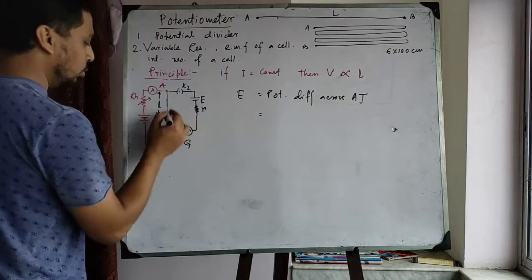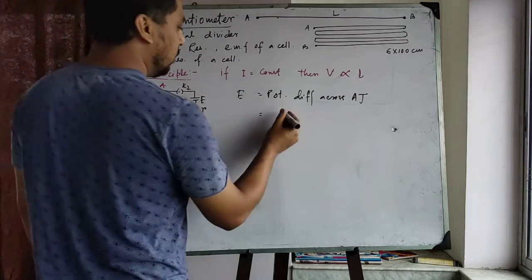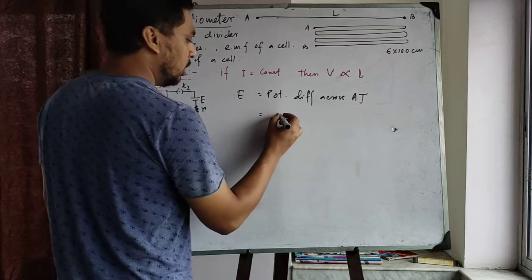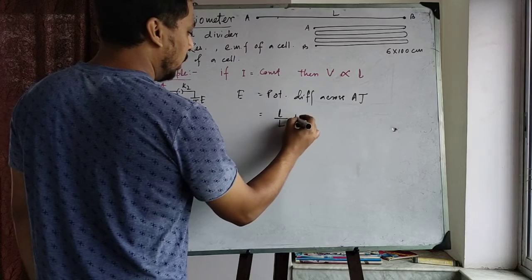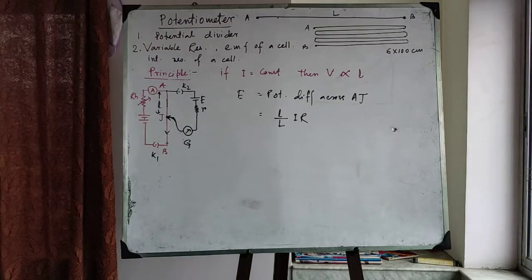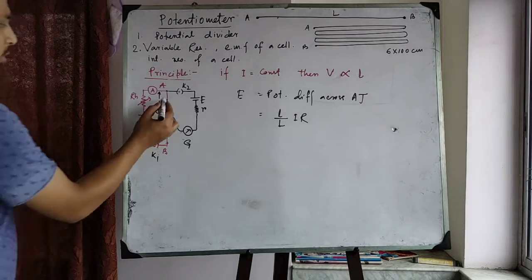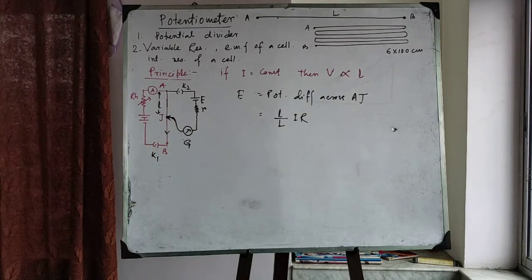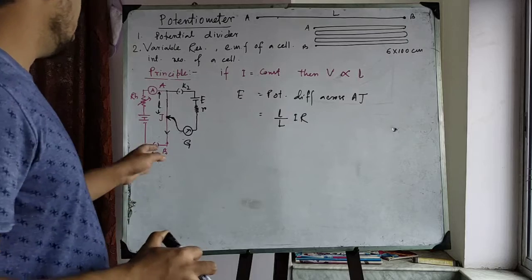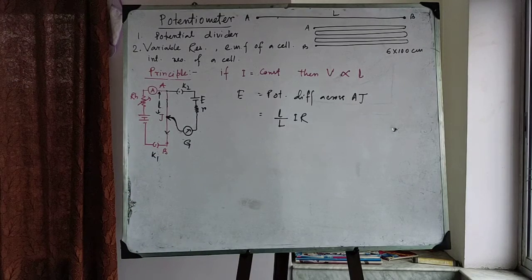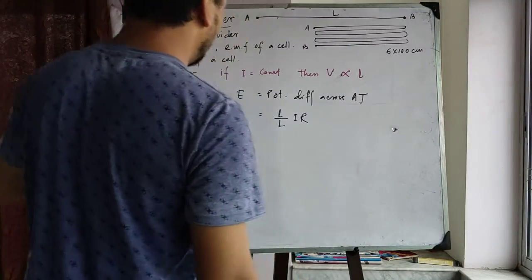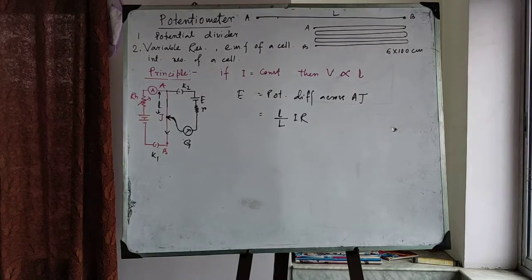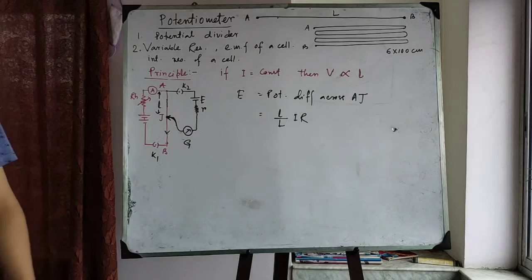If current I flows through the circuit, then from our previous discussion it is equal to l by L into IR, where l is the balanced length of the potentiometer, capital L is the total length of the potentiometer, and capital R is the resistance of the potentiometer. Then the EMF of the cell is equal to l by L into IR.